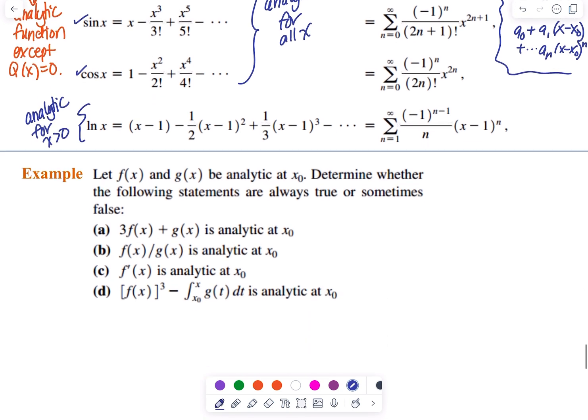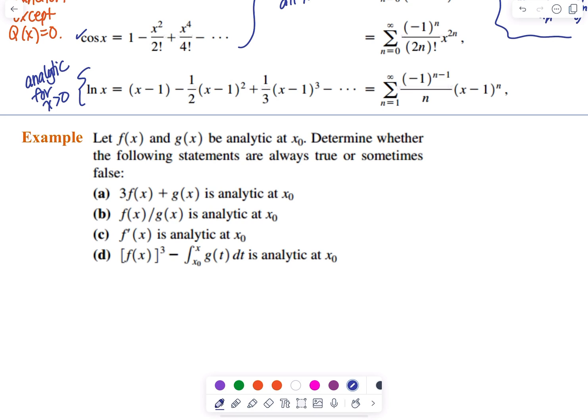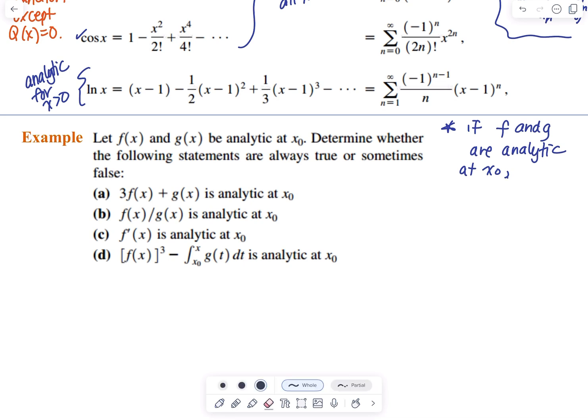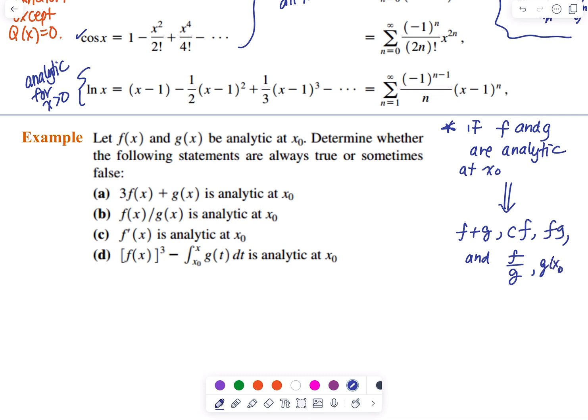Okay, so now thinking about this example, I did want to mention that if f and g are analytic at x naught, then of course f plus g, a constant times f, f times g, and f divided by g, of course with g of x not equal to 0, are also analytic.